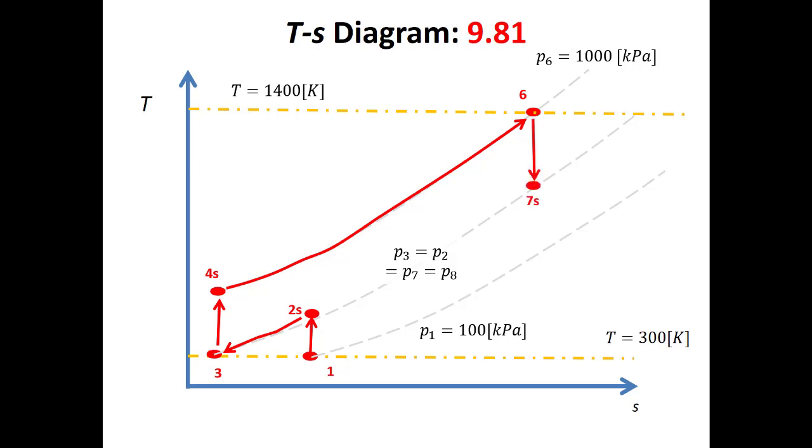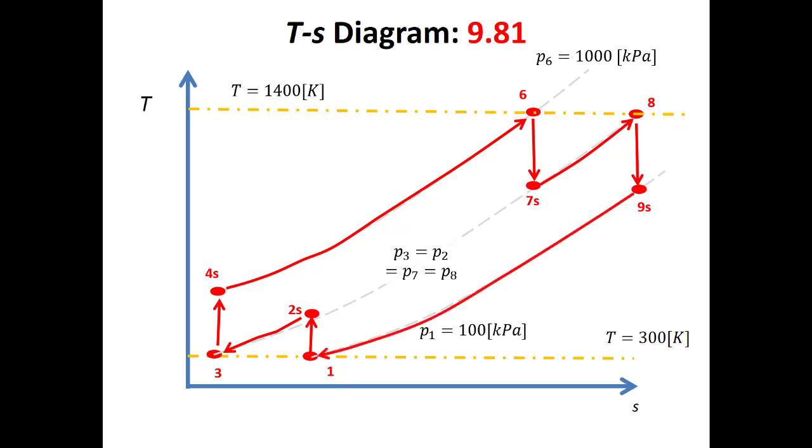From state 6 to state 7S, I go through an isentropic turbine. And then I do my reheat all the way back up to the same maximum temperature that I had at 6. So that gets me to state 7S and state 8. I come back down through my low pressure turbine. That gets me to state 9S.